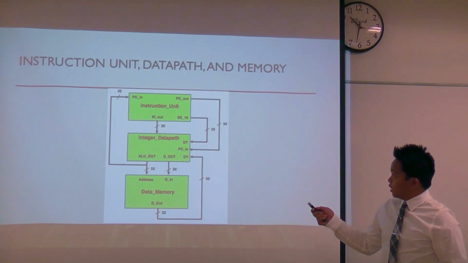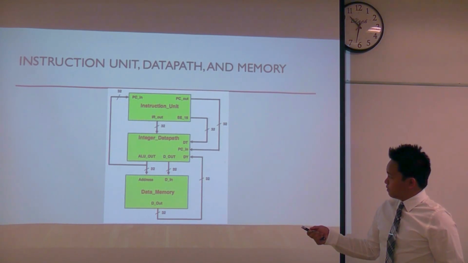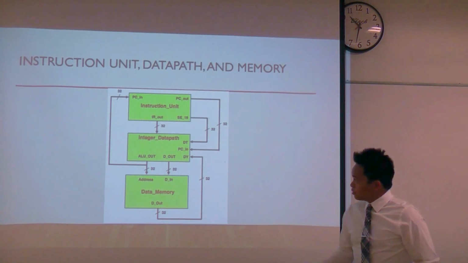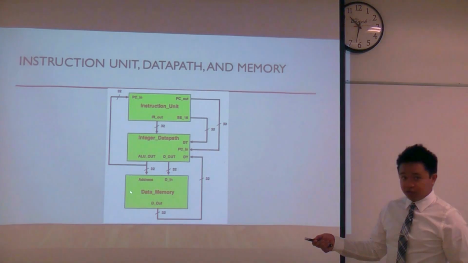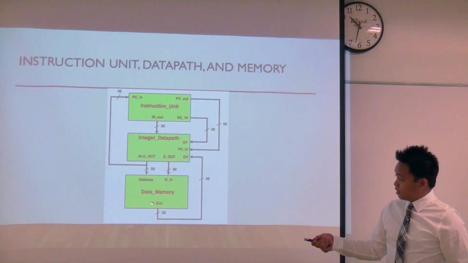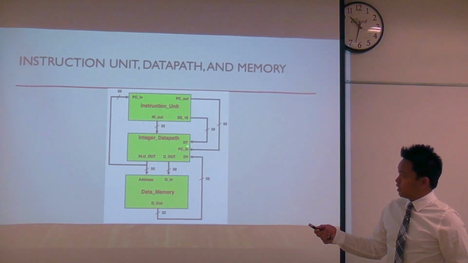PC out goes to PCN, in which case we can either save it to memory, or we can jump into another location, and then we have data memory, in which case if we assert the chip select and the read, we can output memory, and then we can write it to the register file.